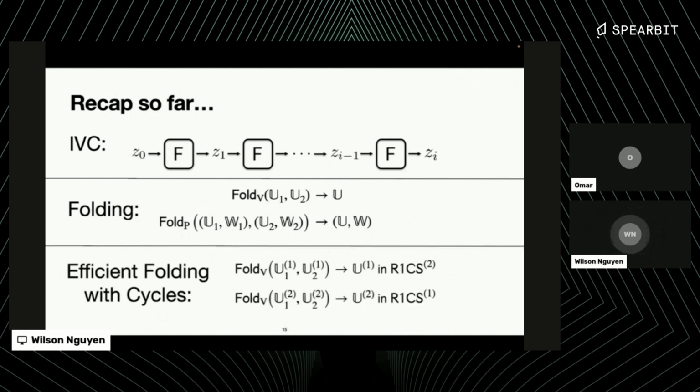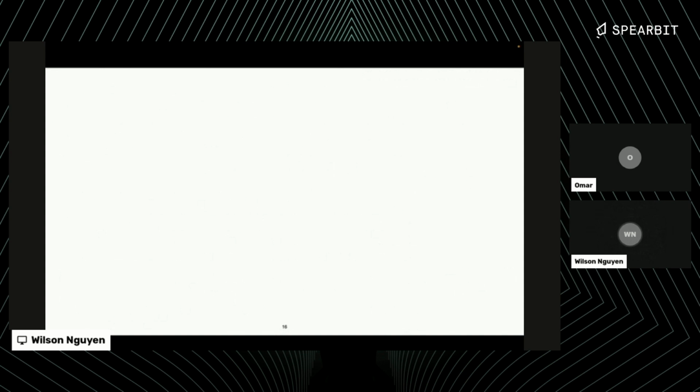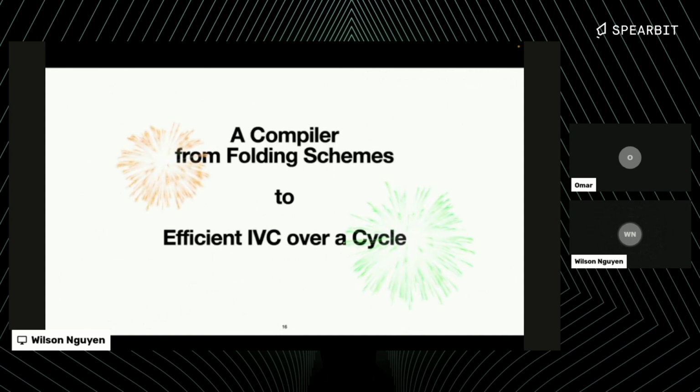And we discussed how to efficiently describe folding algorithms in two different constraint systems over two different fields. So now we actually have enough to discuss our compiler from folding schemes to efficient IVC over a cycle of curves.